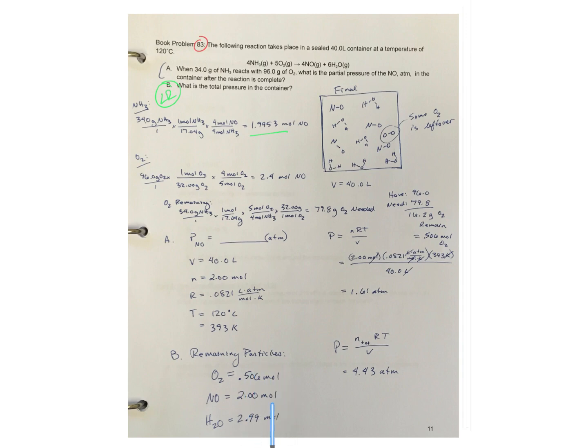All of these particles are going to exert pressure inside the container, and if you take the total number of moles, that would give you the total pressure. So n total times R times T divided by V gives a final total pressure of 4.43 atmospheres.